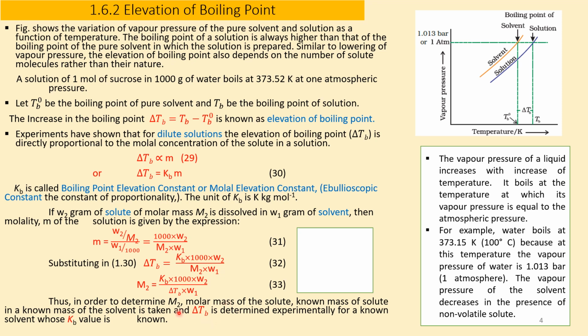Thus, in order to determine M2, the molar mass of the solute, a known mass of solute in a known mass of solvent is taken and delta Tb is determined experimentally for a known solvent whose value of Kb is known.